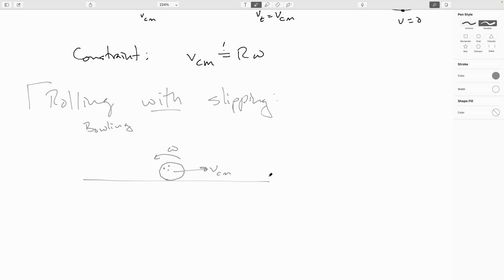Then at some point, as you continue to feel force of kinetic friction acting on the bowling ball, you get to a point where finally the speed hits 0, and then you actually transition immediately to the rolling without slipping scenario. And that's usually when you see the fairly pronounced hook of the ball.